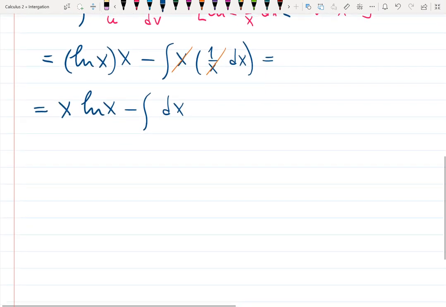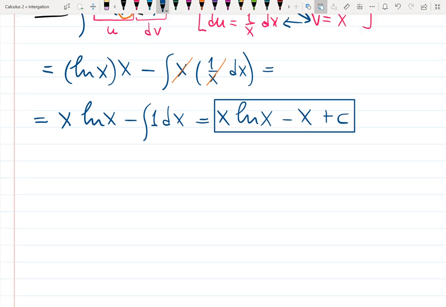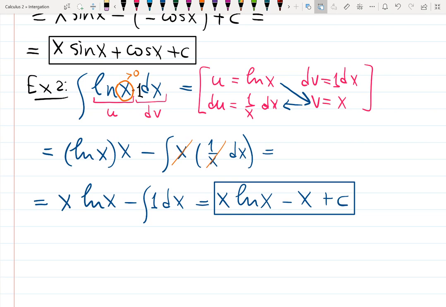Sometimes people call it empty integral, but actually it's integral of 1. The answer is x ln x minus, what is integral of 1? That's x, because when you differentiate x, it gives you 1. Don't forget plus c at the end. And this is the result of integration of the natural log standing by itself in the integral.